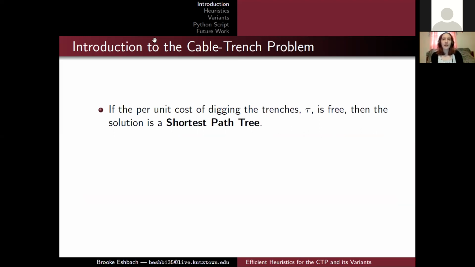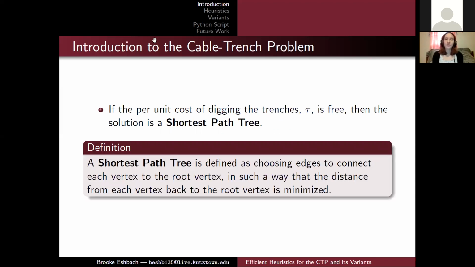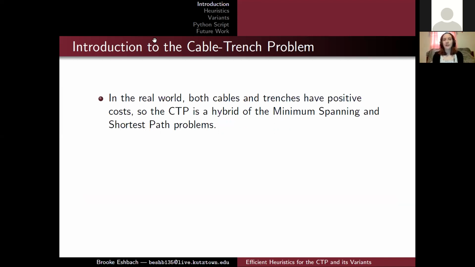And on the other end of the spectrum, we have the case where trenches are free and tau is equal to 0, and that is what's called the shortest path tree. And there we would choose edges in such a way that the overall distance from each vertex back to that root is minimized. So our total cable weights would be minimized. But obviously in the real world, nothing is really free.